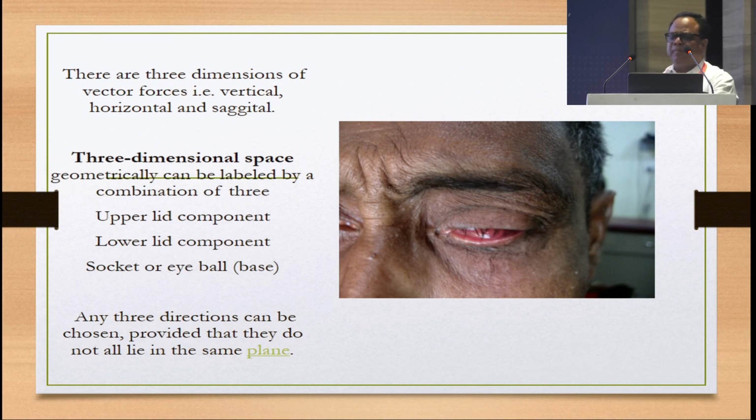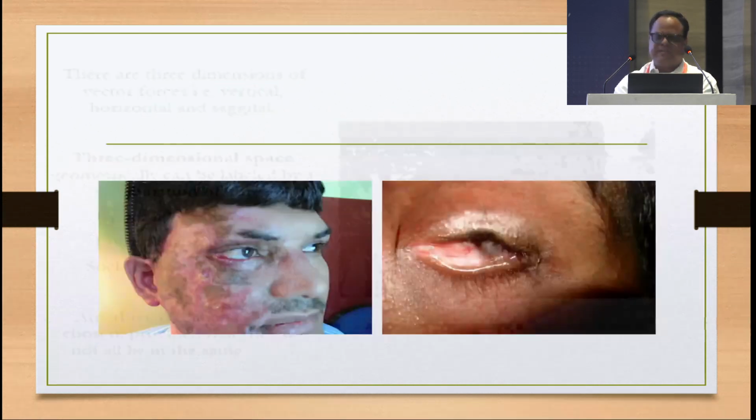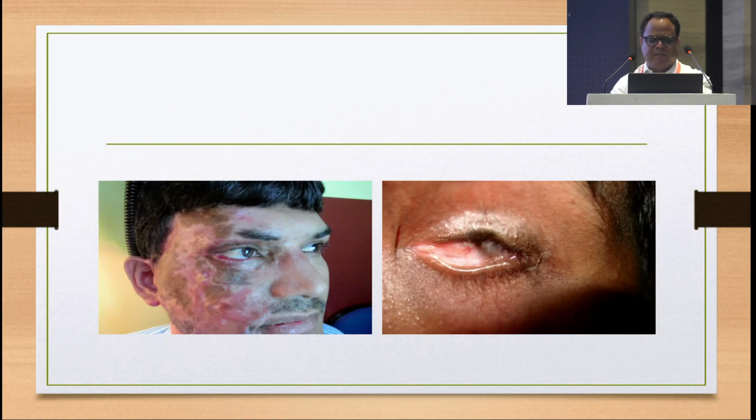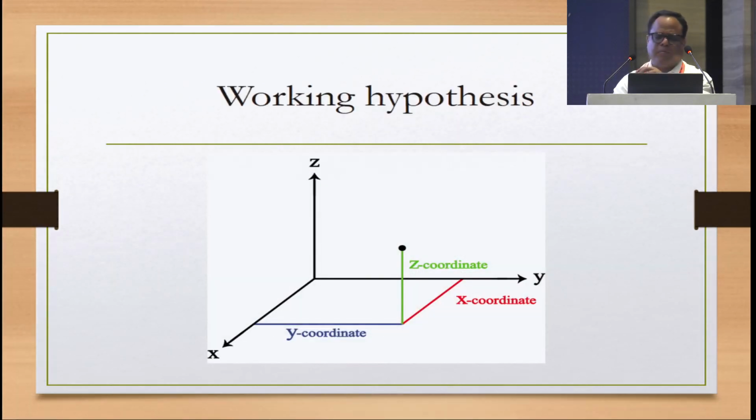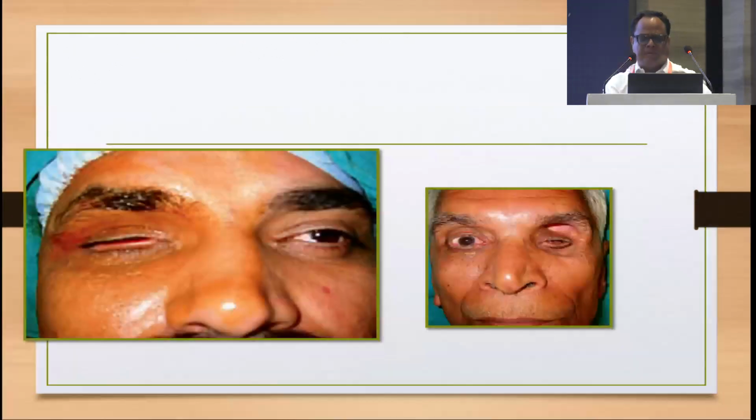Then by applying tectonic force, we can manage both laminae in the same sitting in a very simplified way, by doing just a mucous membrane graft and tarsorrhaphy in both the eyes. This is the working hypothesis in 3 axes, X, Y and Z. If we are able to tackle these axes, then we can manage these things.